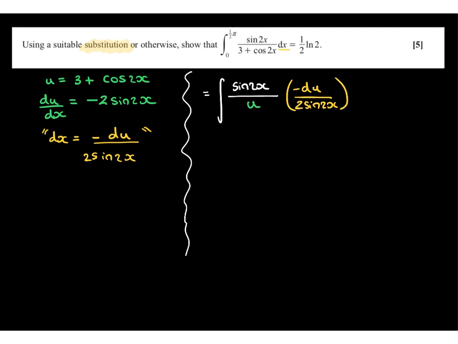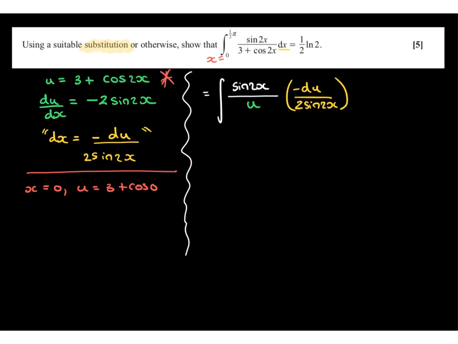Now we need to make sure we change our limits so that they're not in terms of x. These limits here are in terms of x, and we need to convert to u. So let's do that next. So if x is equal to 0, then u equals 3 plus cos of 0.